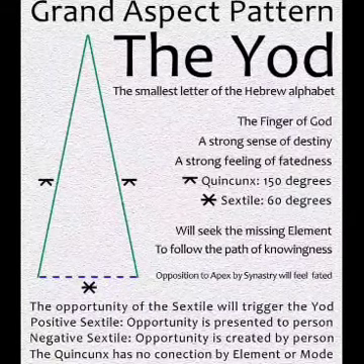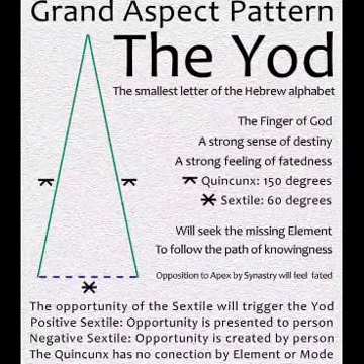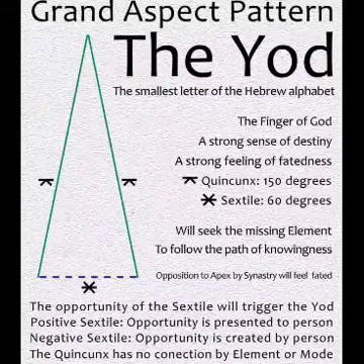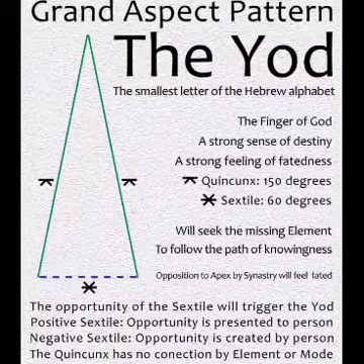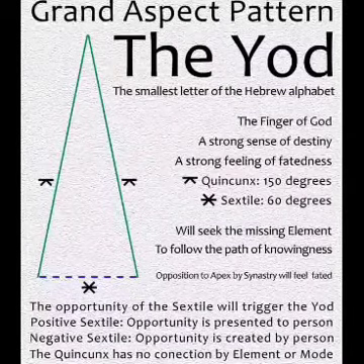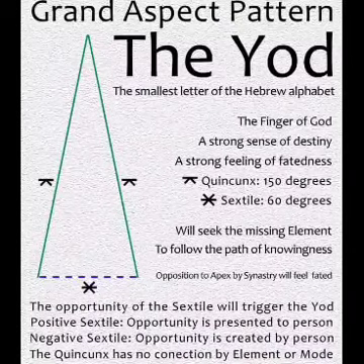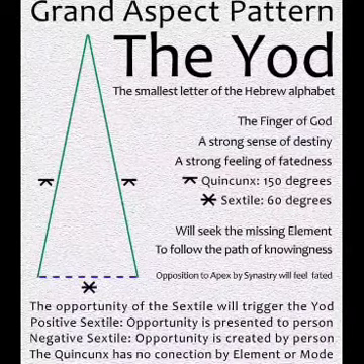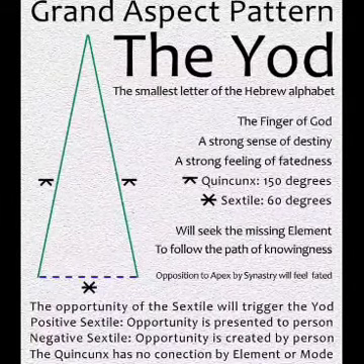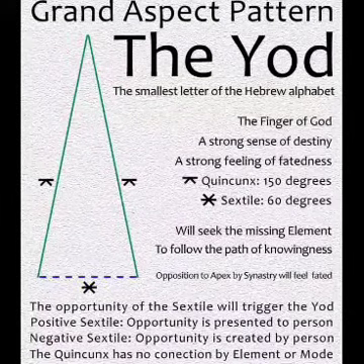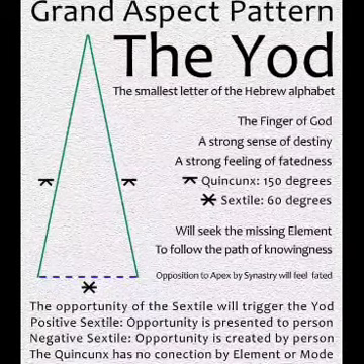A quincunx is basically two signs that are not anything alike. Yes, there's opposition, but ultimately the opposites have some qualities that are similar because they share the same modality. So remember that which is mutable, fixed, and cardinal.